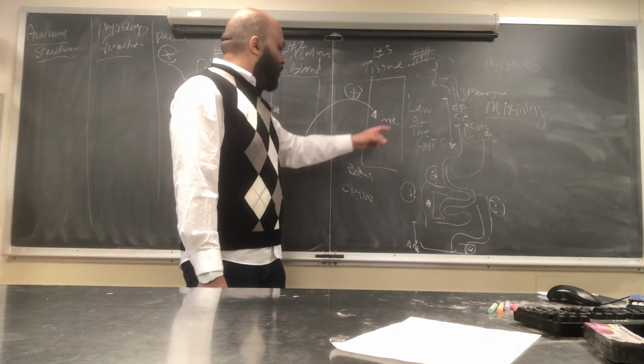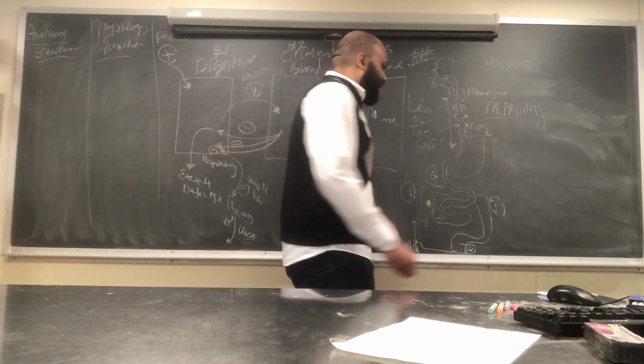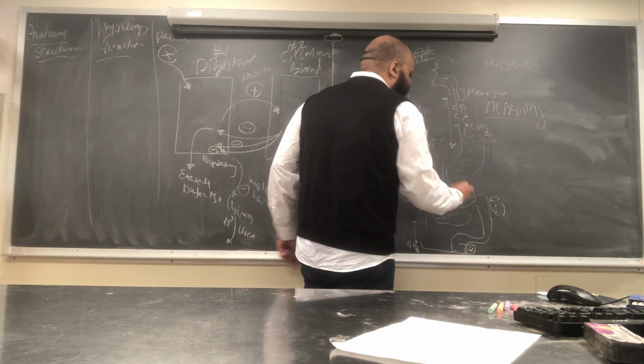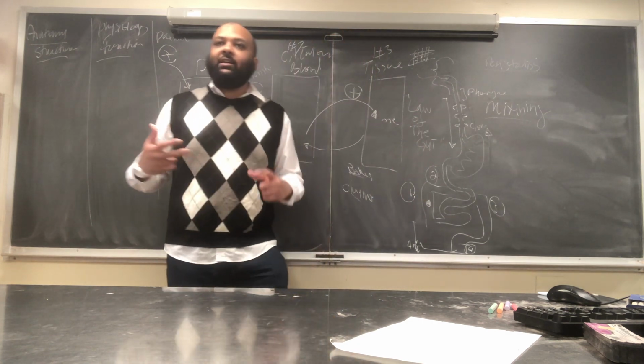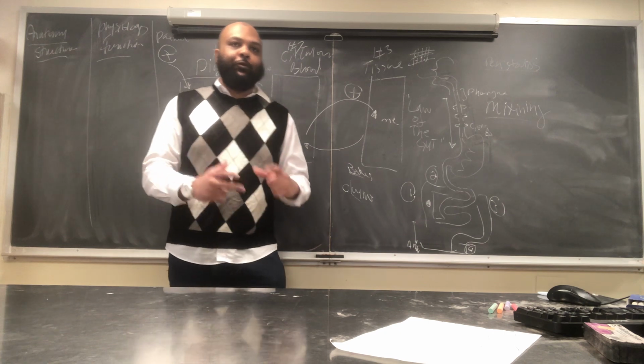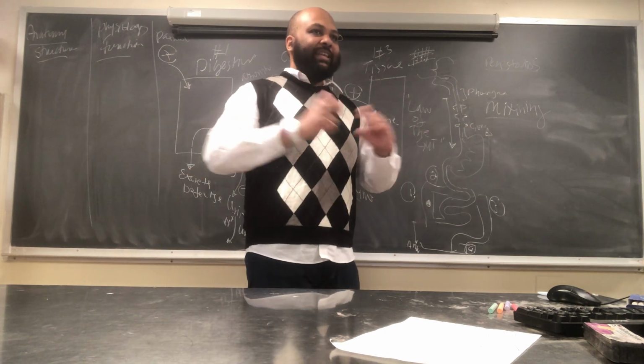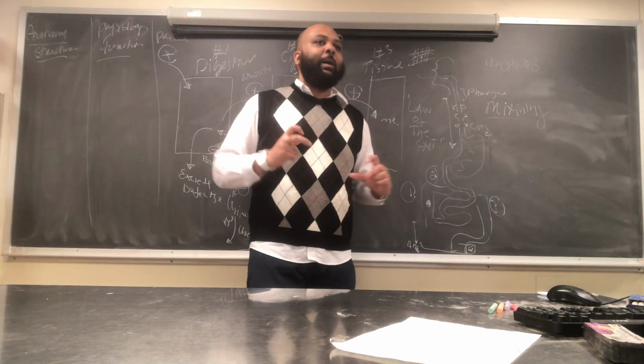Now, once the bolus made its way into the stomach, where you have a lot of acid, and this hydrolytic acid is helping with the chemical digestion of the food, and you have this mixing movement with the peristalsis that is churning and chopping up the food.